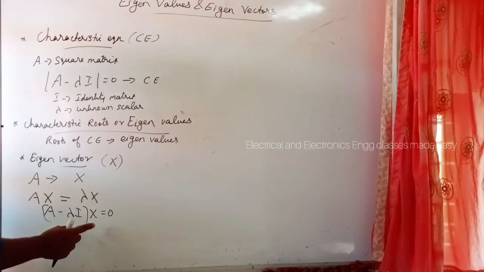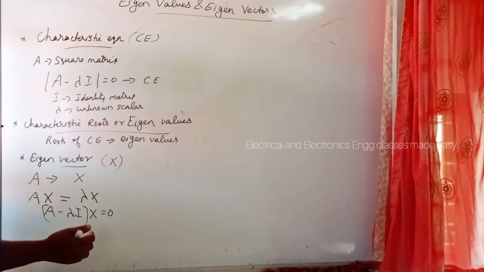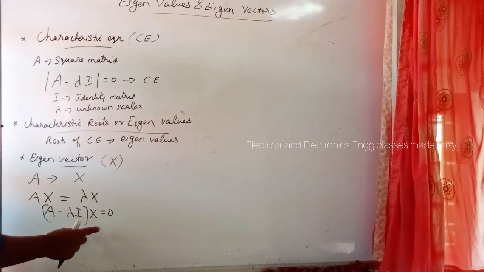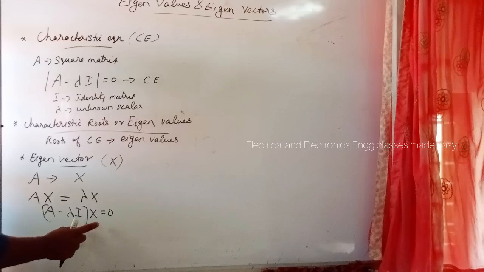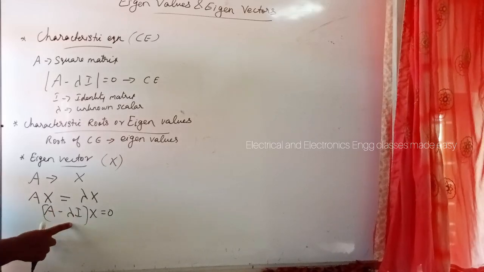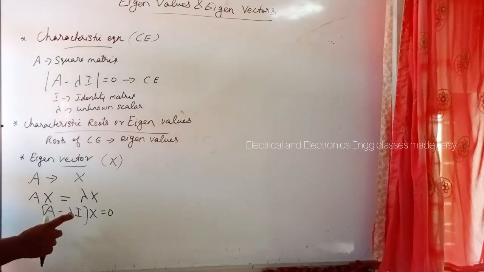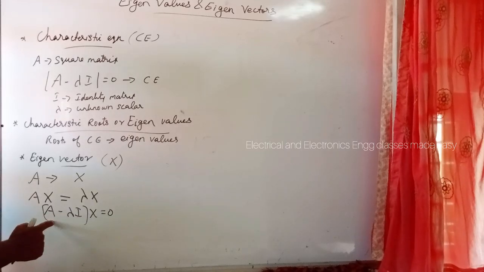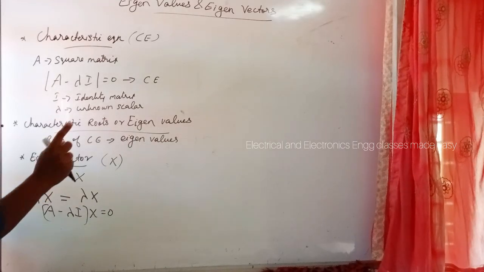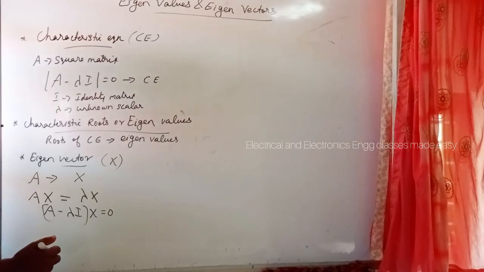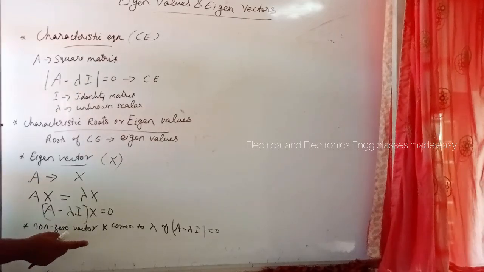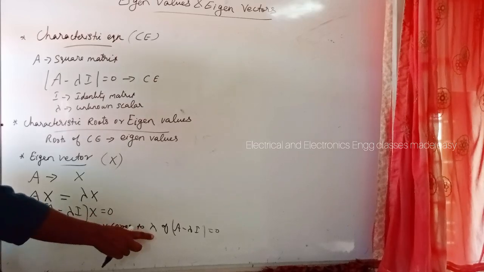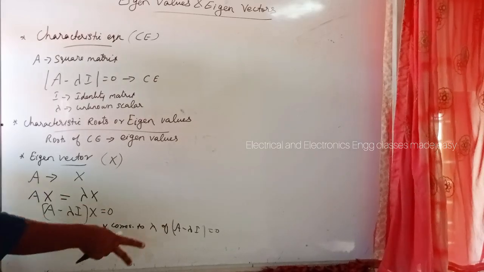So an eigenvector means a non-zero vector x corresponding to the eigenvalues lambda of the equation A minus lambda I equal to 0. So an eigenvector is a non-zero vector x corresponding to the eigenvalues of the characteristic equation.